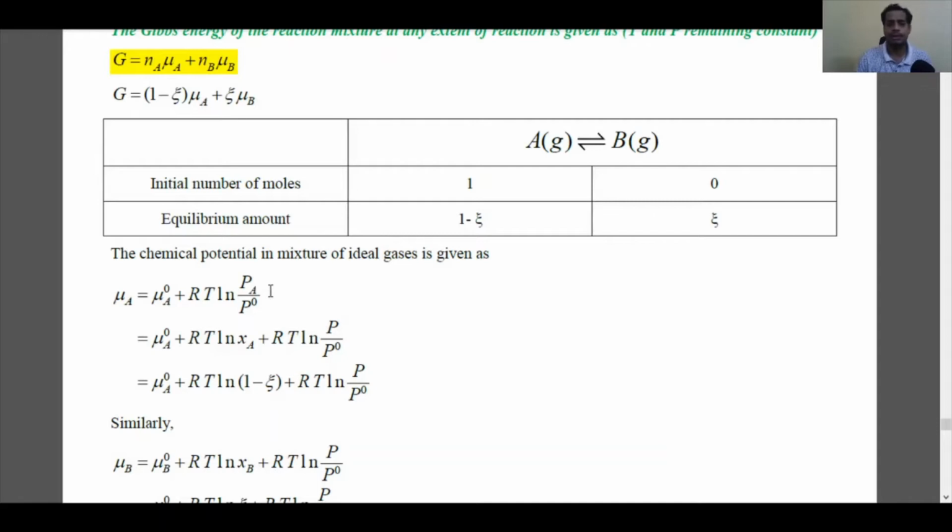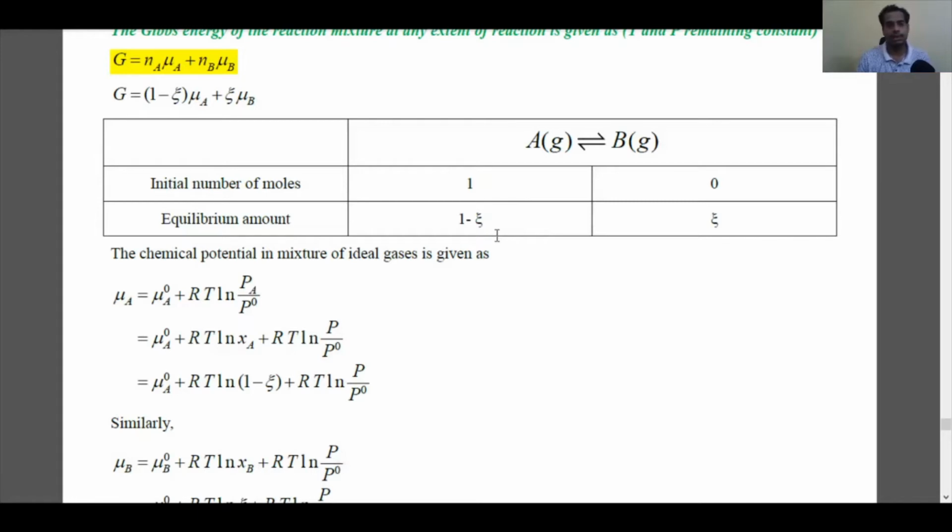The partial pressure of component A can be written as mole fraction of component A times total pressure. If I substitute partial pressure as mole fraction times total pressure, I'll get RT ln XA plus RT ln P by P0. This P is total pressure, XA is the mole fraction of component A. Now what is the mole fraction of component A? It is 1 minus xi because the total number of moles is 1.